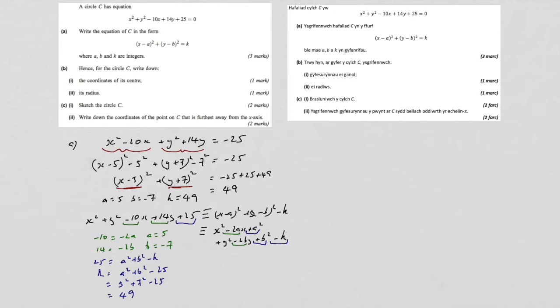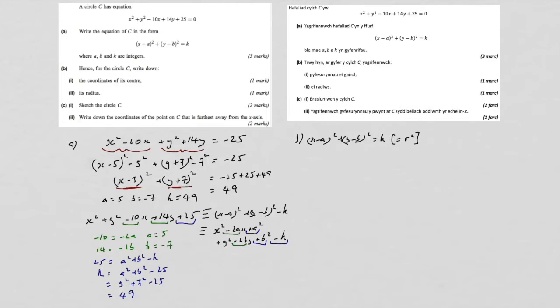So hence for the circle, part B, write down the coordinates of its centre. Well, we'll have a look at this a bit later on, but essentially in this situation, when we have x minus a squared plus y minus b squared equals k, we actually very often would write equals r squared.